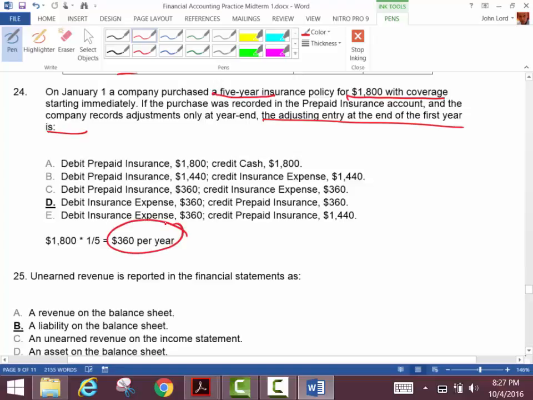That's $360 per year, isn't it? So at the end of that first year, debit the insurance expense $360, credit prepaid insurance what? $360. I mean, who's choosing this answer? Yeah, but the debits have to equal the credits. Give me a break.